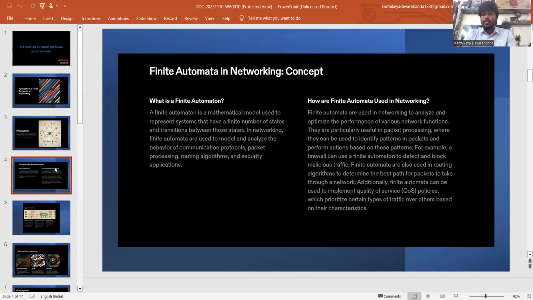Finite automata are also used in routing algorithms to determine the best path for packets to take through a network. Additionally, finite automata can be used to implement quality of service policies, which prioritize certain types of traffic over others based on their characteristics.